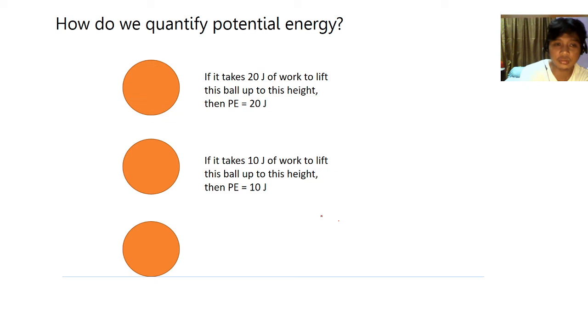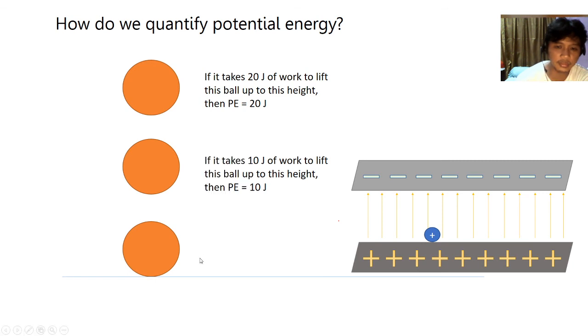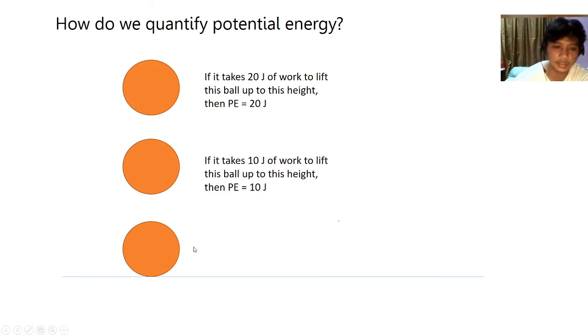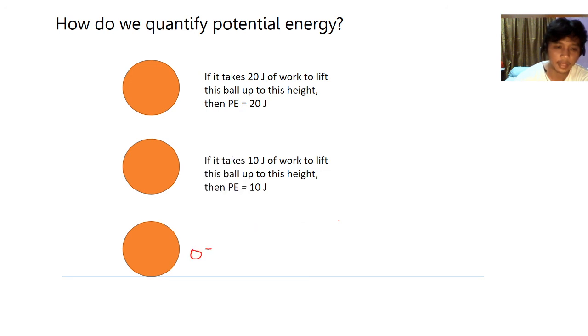If it takes, on the other hand, 20 joules of work, and it should make sense, it should require more work to lift an object that high, higher than compared to the middle ball right here. And we can assign for the bottom ball 0 joules because you didn't really need to lift that up because it's already on the ground. Sometimes people just do that. Whenever an object is on the ground, they assign it 0 joules for gravitational potential energy.